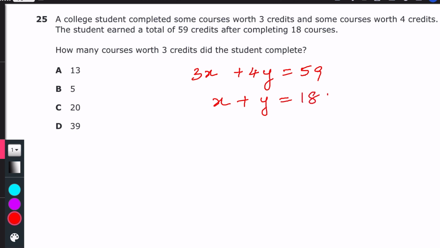Now what do we do is, in these two we substitute one of them. We'll take x plus y is equal to 18. These are the two equations which we got. We'll write this in this way.